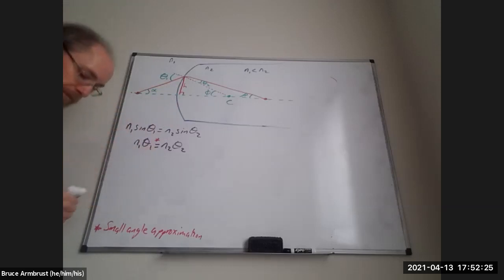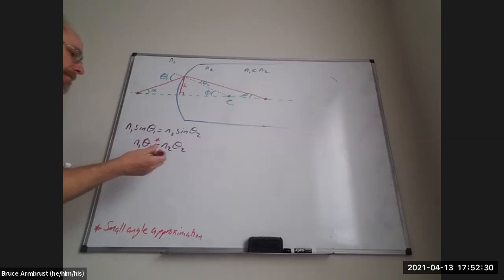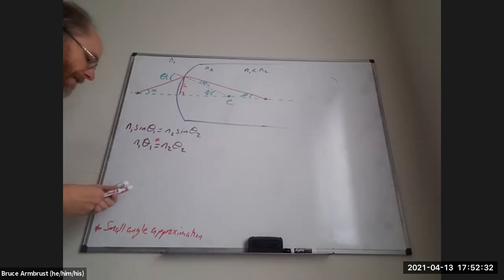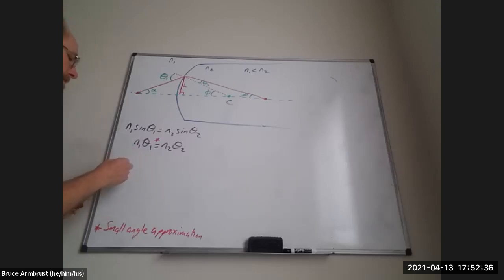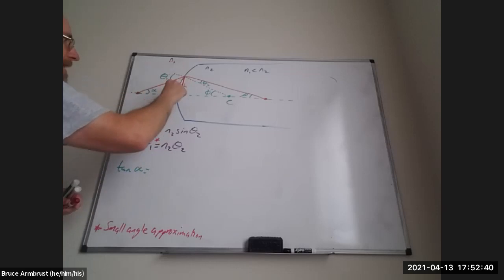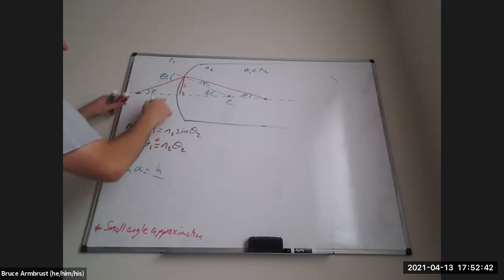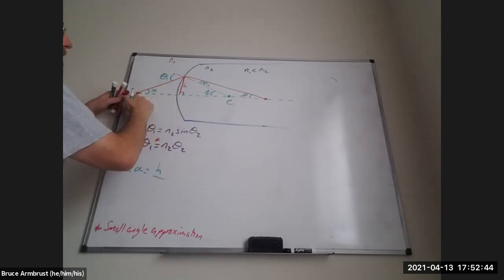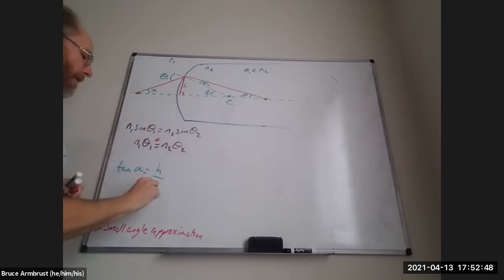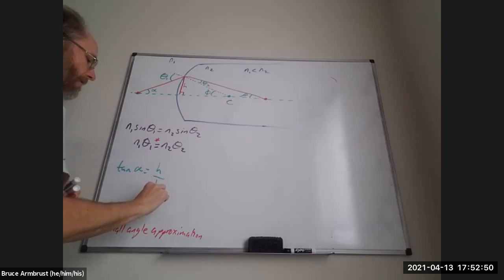So the tangent of alpha is equal to h over the distance from our object to the front of this curve, and that's going to be dO.